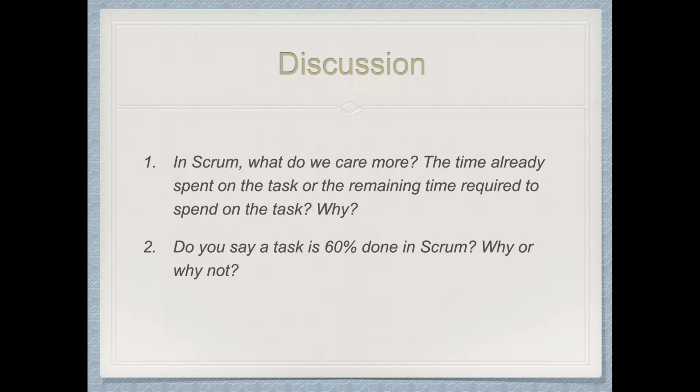Okay, so we sort of discussed this a little bit, but in Scrum, we want to keep track of the project progress. We have 2 ways. Try to put up your hand and say which way seems to be better. The first way is how many percent of the work has been completed.